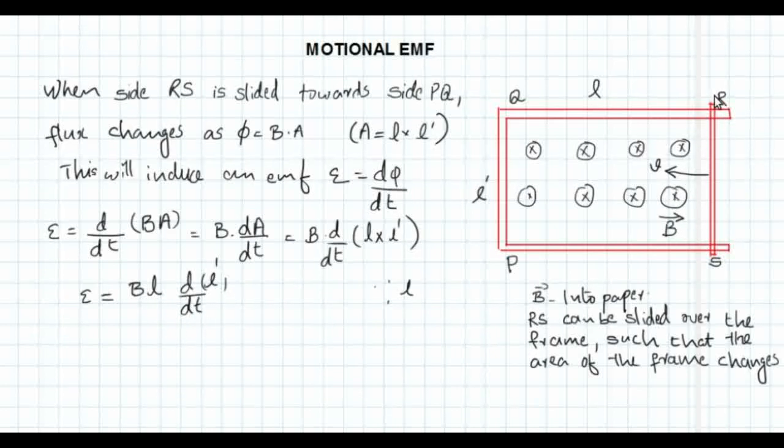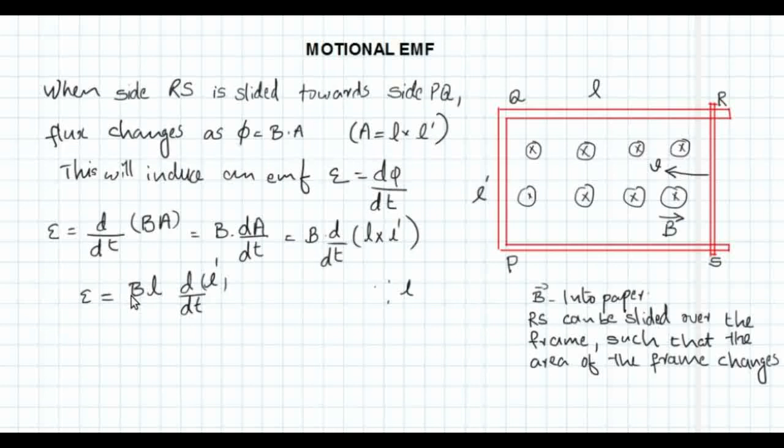So when RS is slided over this frame towards PQ, the length of this frame changes, and it should be L dash. QR should be L dash, and the breadth we may take as L. So there is no change for this breadth, right? Throughout, this distance is a constant.